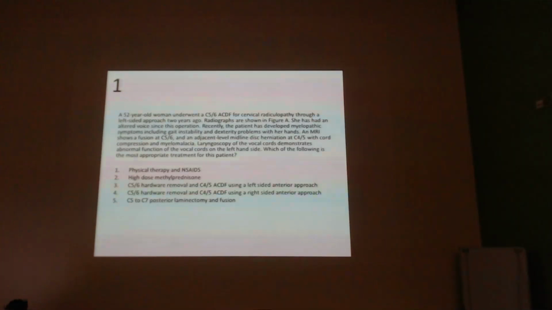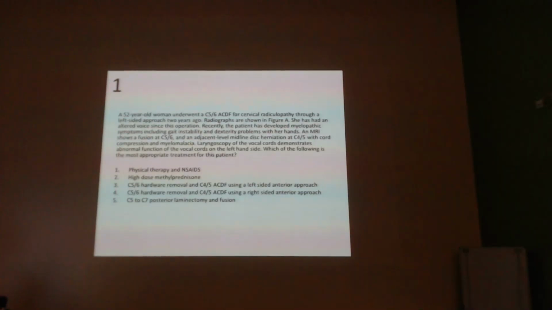So, explain why. She's got what sounds like progressive neurology and myelopathic symptoms, probably because of adjacent level disease at 4-5. And you've got MRI evidence that shows the pathology. So in normal circumstances, you would consider operating on that. Okay, so options 1 and 2 are excluded then. So what's your answer now?